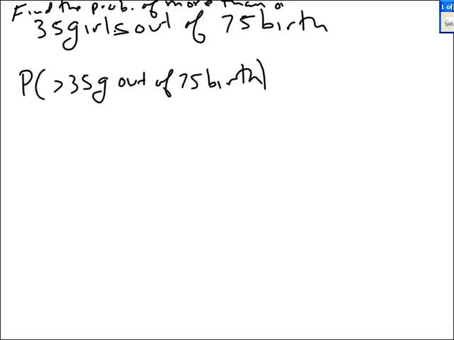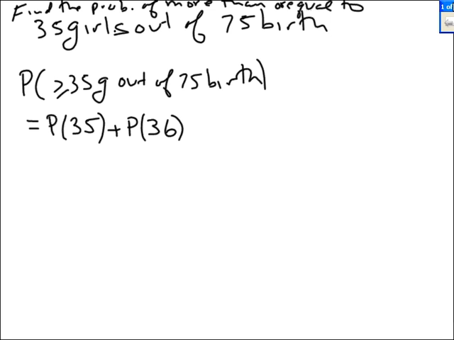You'd find the probability of having exactly 35 girls out of 75, plus the probability of having exactly 36 girls out of 75, all the way up to the probability of having exactly 75 girls out of 75 births.